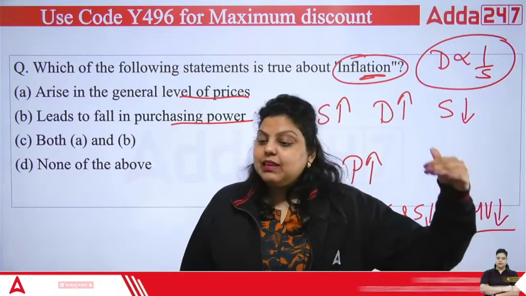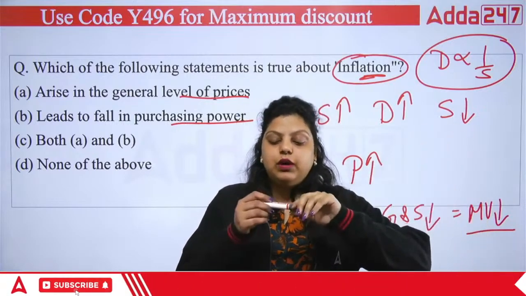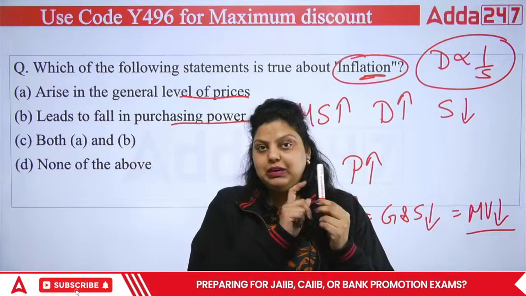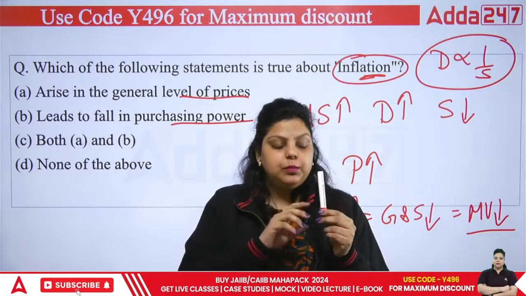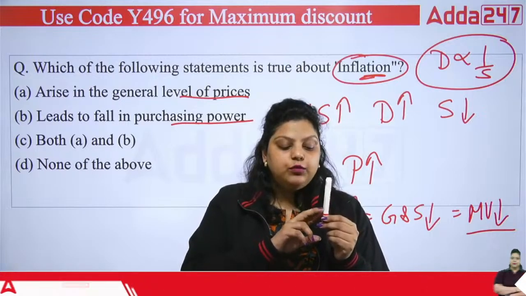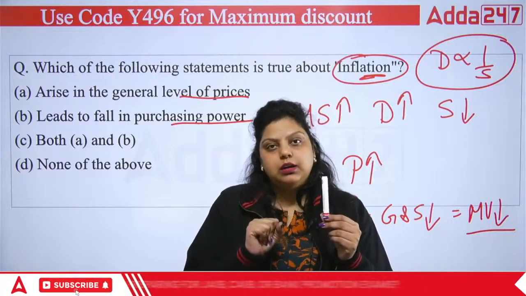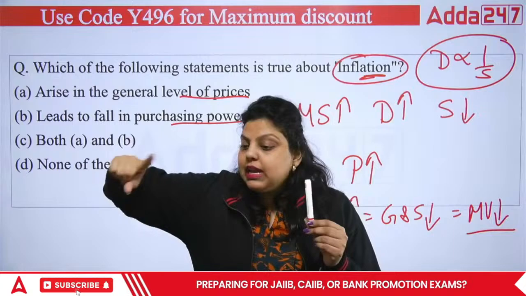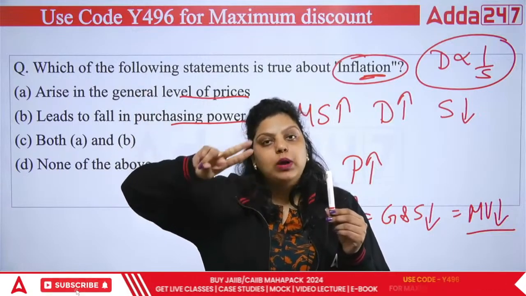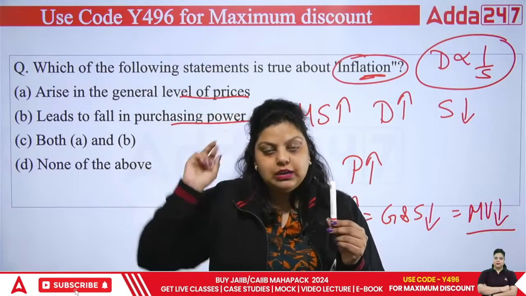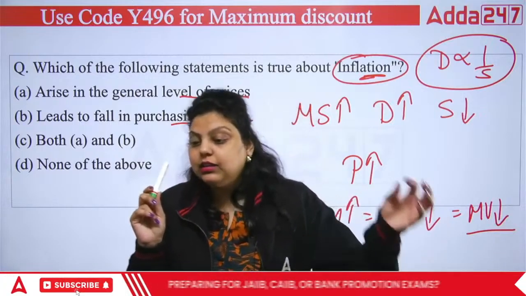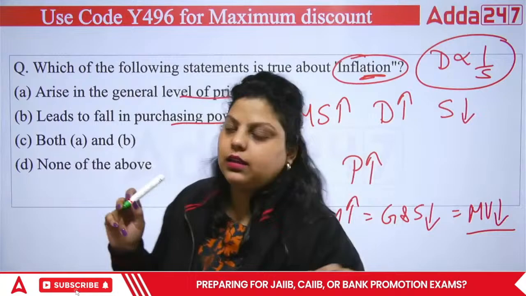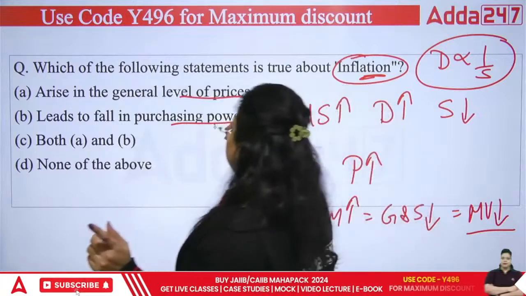So it is decreasing because prices are rising. Let's say, for example, earlier I used to purchase these two markers for 200 rupees, but now I have to pay 200 for one marker. So I am paying more money and getting less commodity. And that's how the value of money is decreasing.